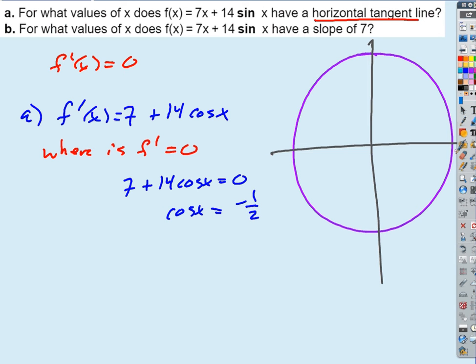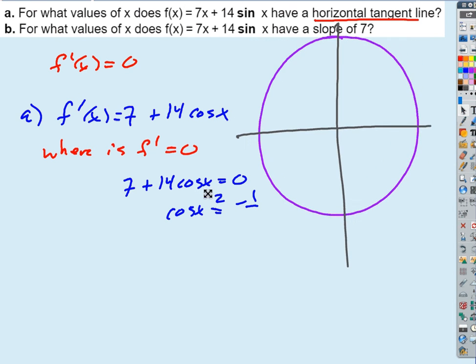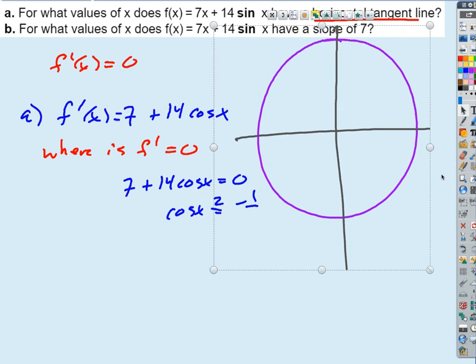If you ever want to know, let me scoot this over. There are only some convenient points on the unit circle that we know, right? There's an infinite number of angles on the unit circle, but we focus on the ones that have nice, convenient x and y coordinates.